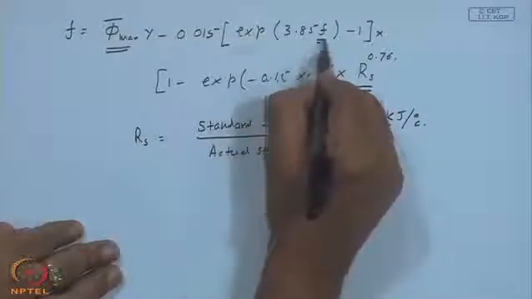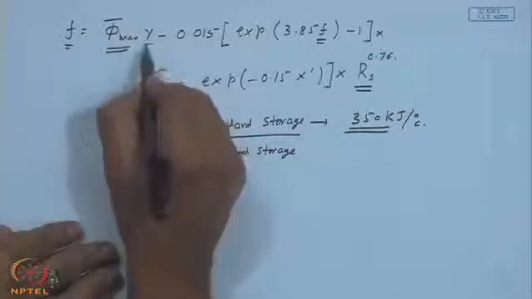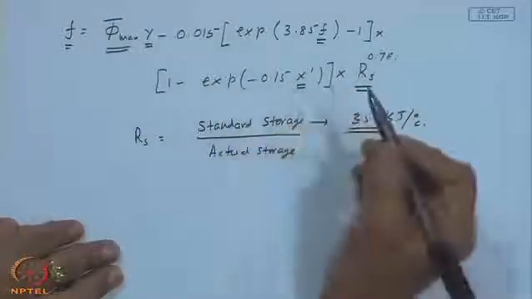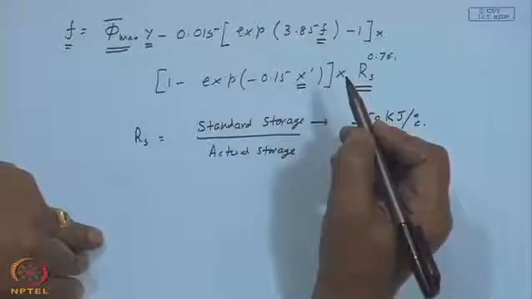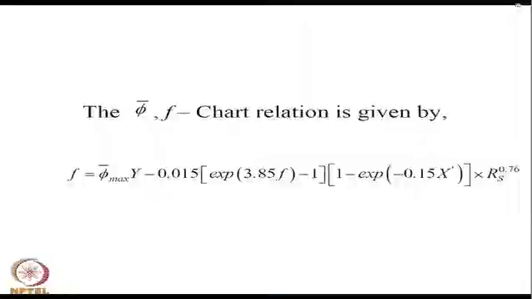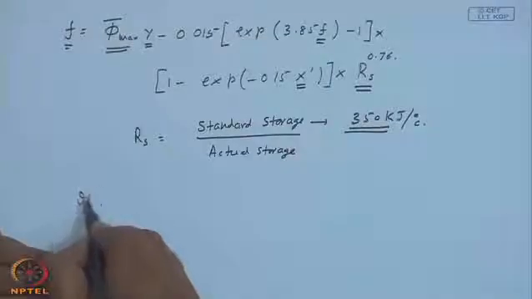This is an implicit relation in F, so it occurs on both sides. Y is the same as the F chart variable, X dashed is slightly modified, that is 100 minus Ti is removed, that is all, it is only 100. So, this requires iterative calculation.